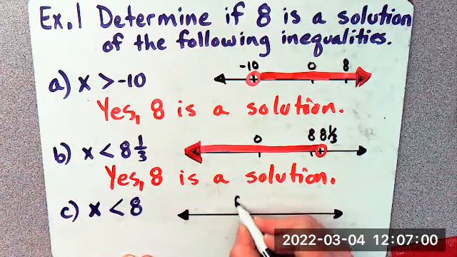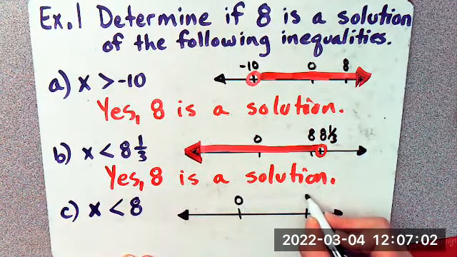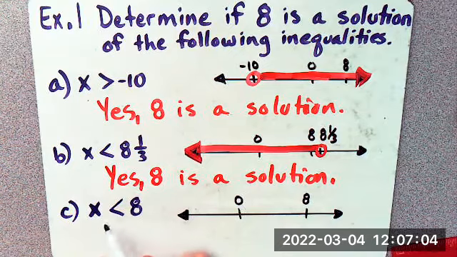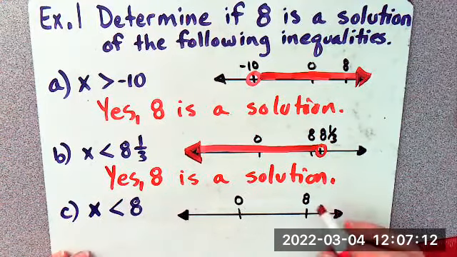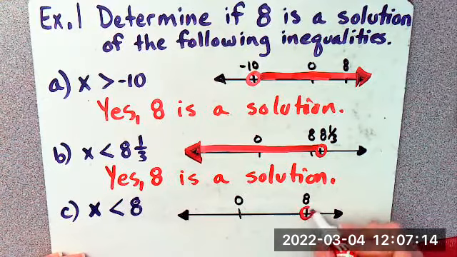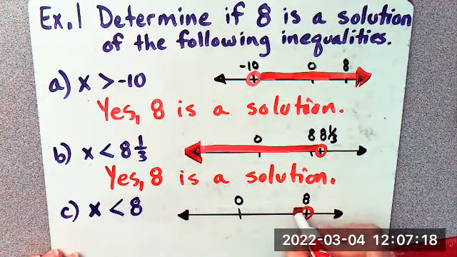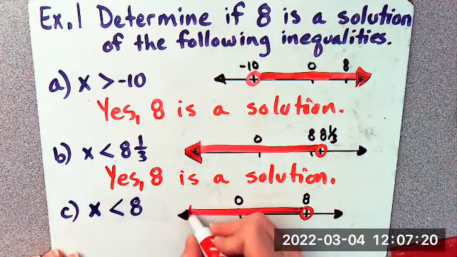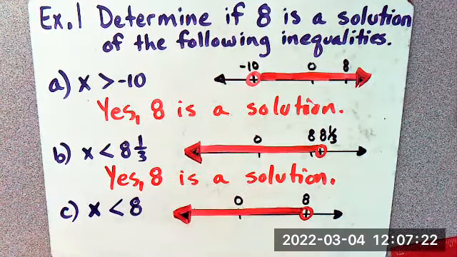So we have 0 here and 8 here. We have an inequality that says it's less than 8. Is 0 less than 8? Yes, it is. So we're going to put an open point around 8 to fence it off. It can't be 8, but it is restricted by that point. It can get right up to 8, but it can't be 8.